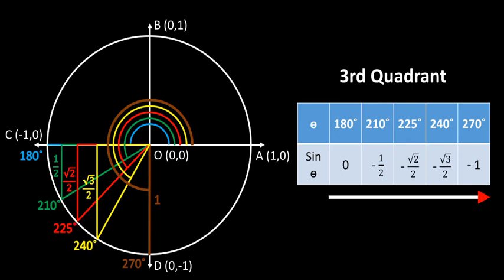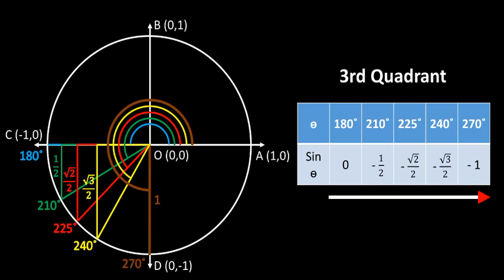The vertical green line, whose length is equal to 1 by 2 and which is directed toward negative y-axis, gives the value of sine of 210 degrees. I repeat, the vertical green line has length equal to 1 by 2 units and it is directed toward negative y-axis.